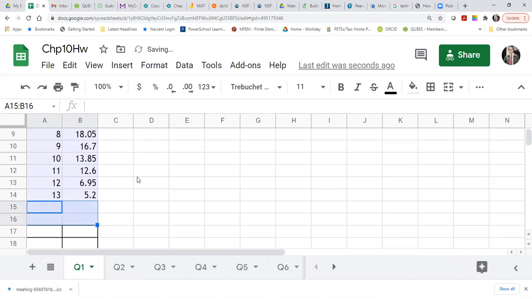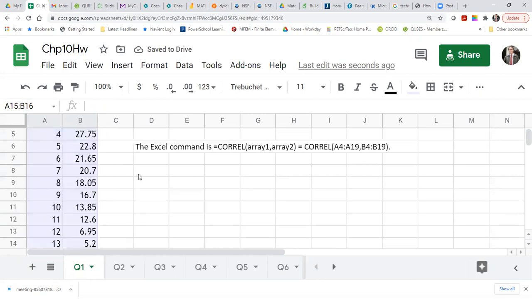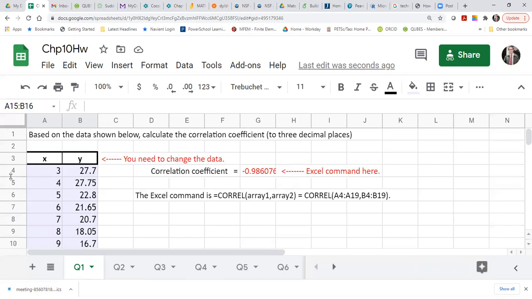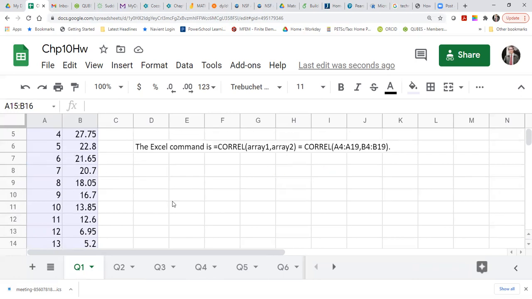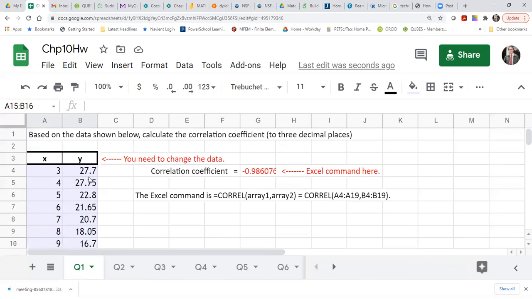Okay, so now you need to use this formula here, CORREL, with array 1 and array 2. Array 1 is the data on the left, array 2 is the data on the right. In our case, the data for X is from A4 to A14, and for Y it is from B4 to B14.